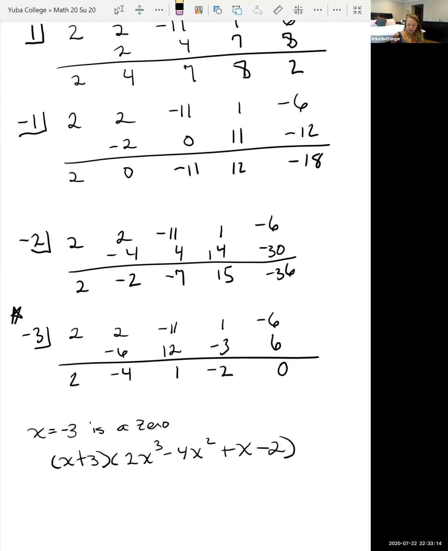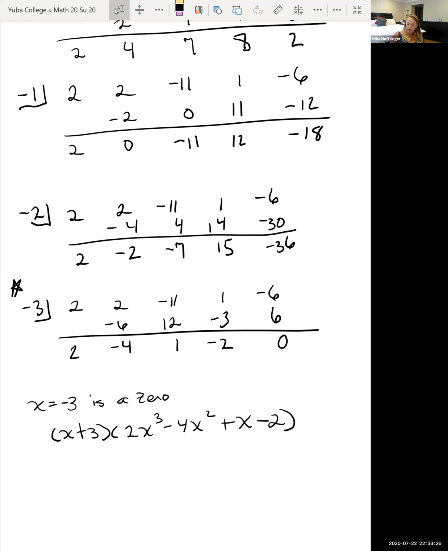I notice here I can do a factoring by grouping. Let me go back and pull our original equation. Well, our original equation, we were looking at when this f of x was equal to 0. So if we can get this in factored form, let's factor by grouping here.